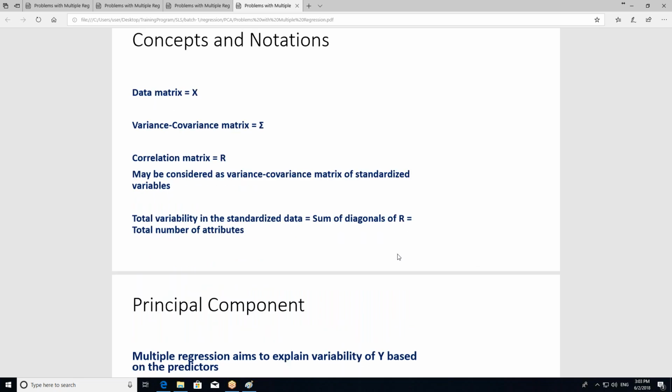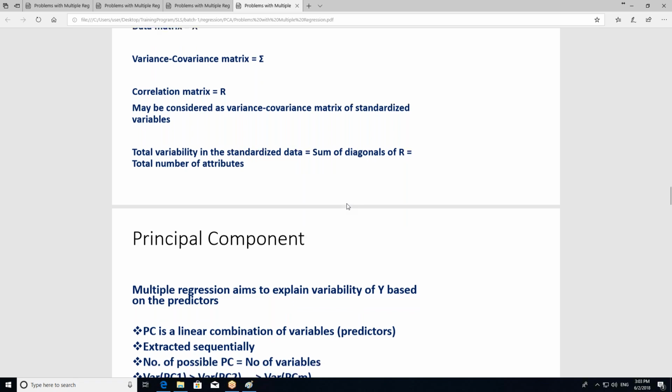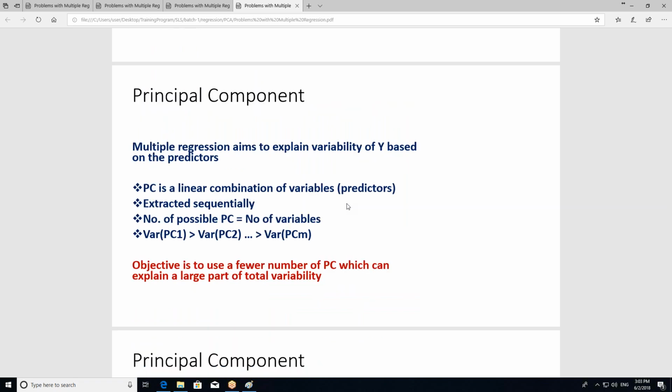So now what we are going to see is how the principal component plays a critical role in removing your multicollinearity problem. See, a principal component is nothing but a derived variable which is based upon all your independent variables.